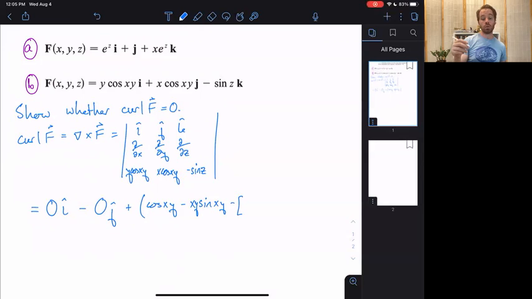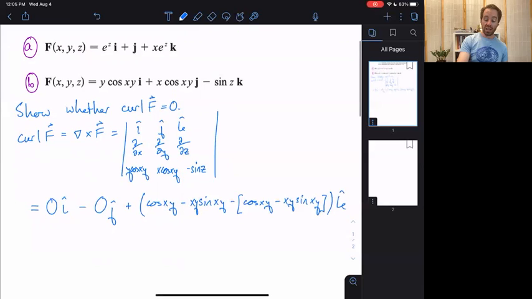So I'm going to do everything with y's that I did with x's before. Sound good? So I'm going to say this will be cosine of xy minus xy sine xy. Okay, now is when I get the payoff to see if they cancel out.